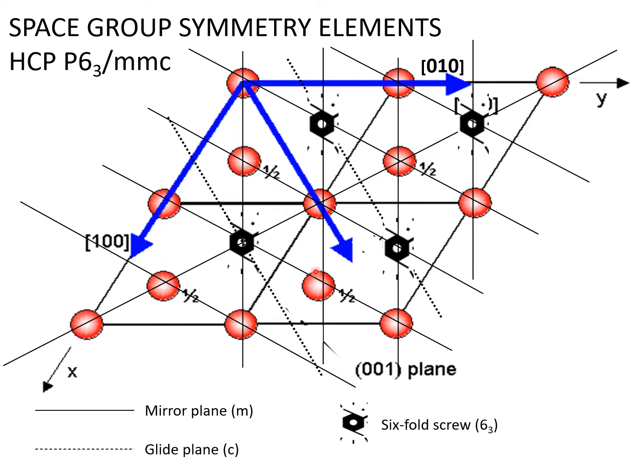So this alternate half unit cell length translation, coupled with the rotation of 60 degrees at each point, is depicted by this symbol. So this is my unit cell. I have atoms arranged like this. Here are 4 unit cells. I'm looking down on the c-axis, and I have a set of atoms here which are at half the length upwards between these atoms, which are placed directly above each other at a distance equal to the c-axis.